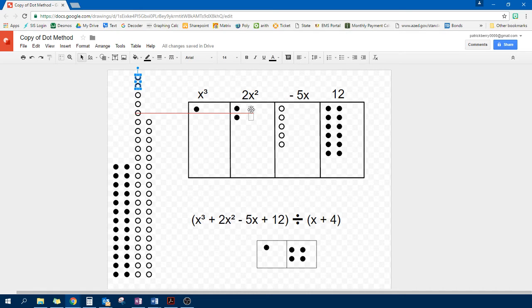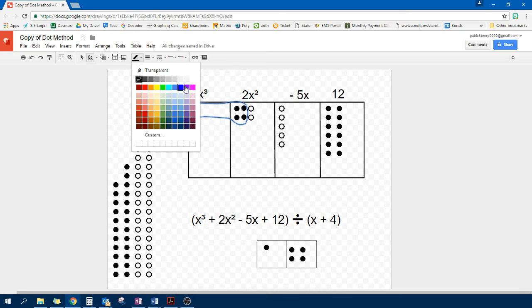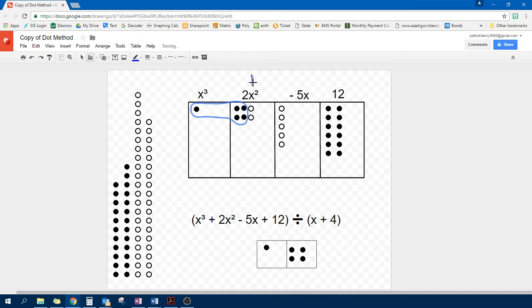And if you're going to grab 2 anti-dots, you have to grab 2 dots as well, so that they cancel out. So now that you have that, you use the scribble and group them together. So that's 1 right there. If you want, you can write 1 up here, just so you can keep track of it. So you can write 1.